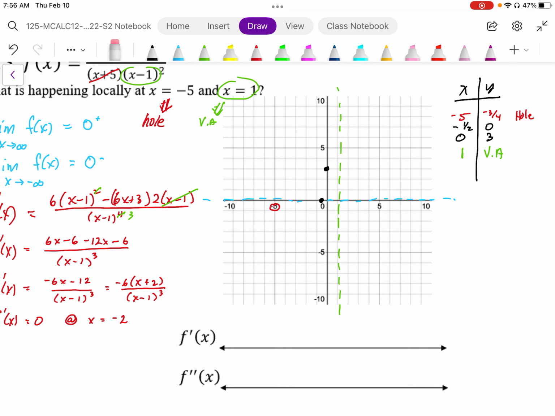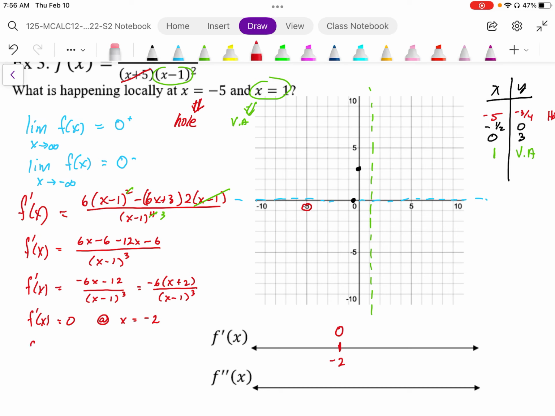So now at negative 2, I can kind of see that I made a mistake because I can't have a 0. That 0 was not going to be a minimum point, so I knew that that was something inconsistent. Okay, so there I have my 0 slope. I should check my slope on either side of that.